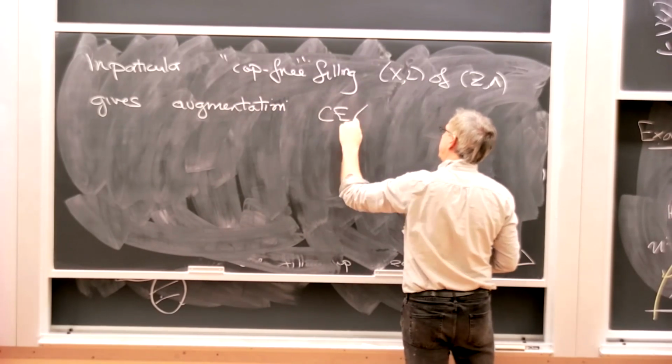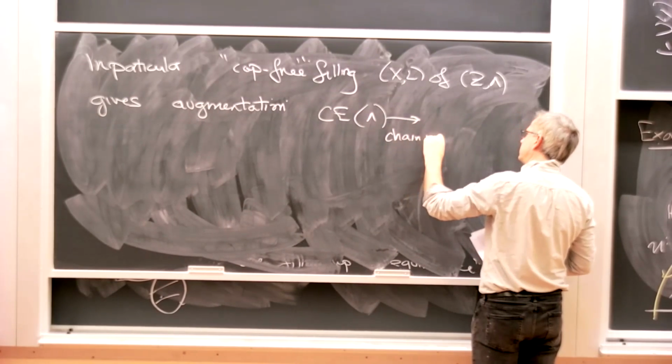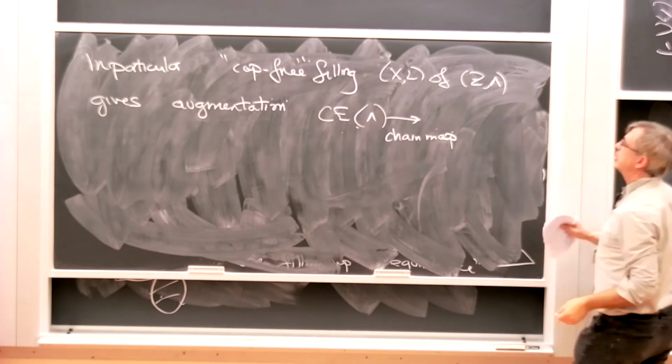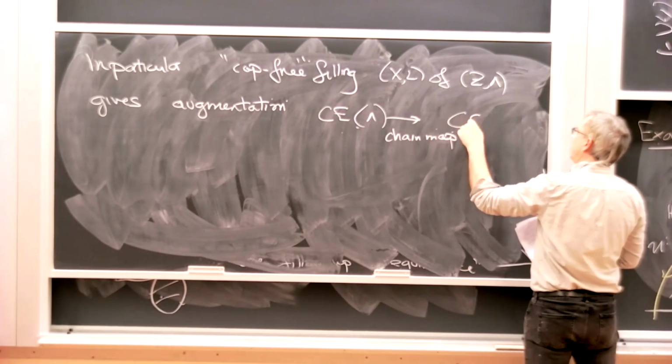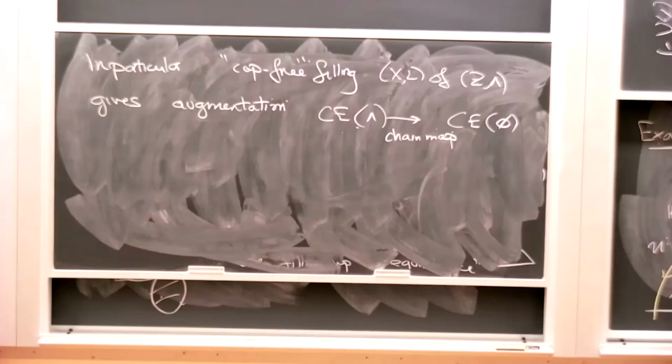So an augmentation is a chain map from the Chekanov-Eliashberg complex to, well, if you have a filling, then the output Legendrian is empty.